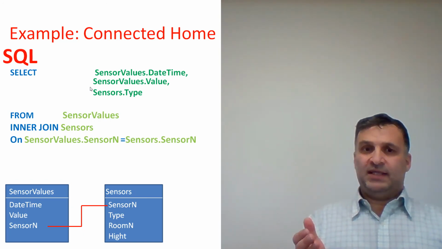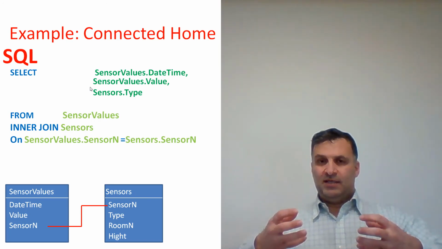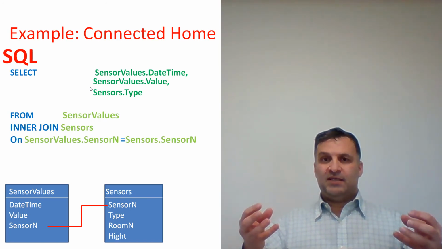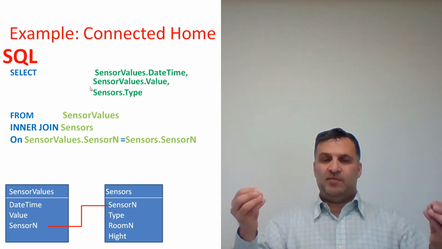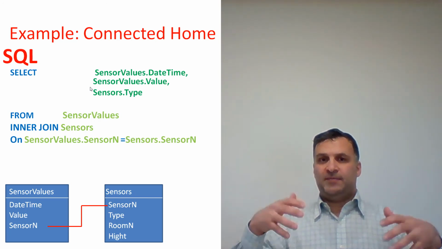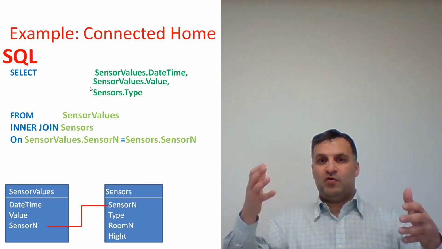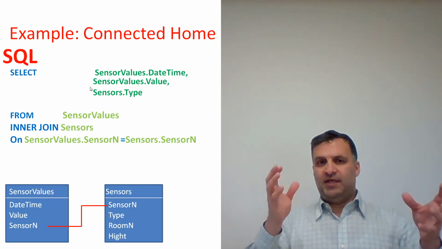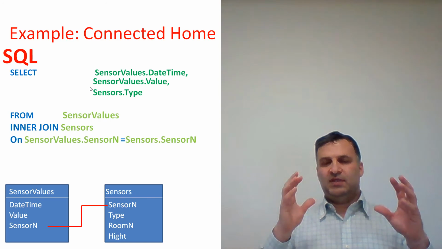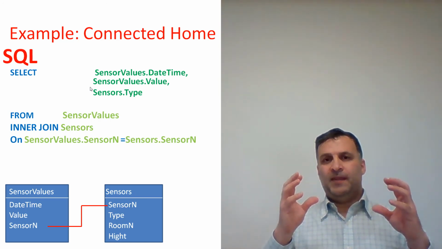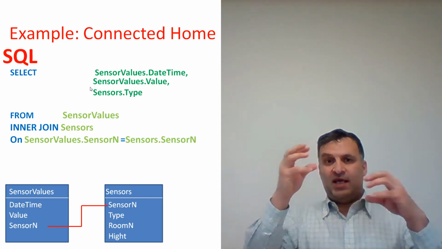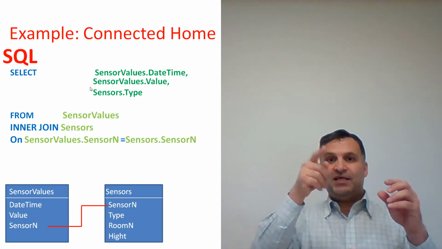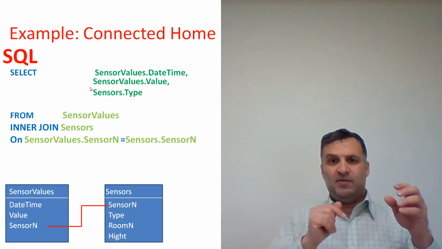How can we do that? SQL allows us to make relations between tables, so we can join 2 or 3 or 4 tables. Most of the time we join 2 or 3 tables. As I said before, to join 2 tables, we should know the shared column between these 2 tables.